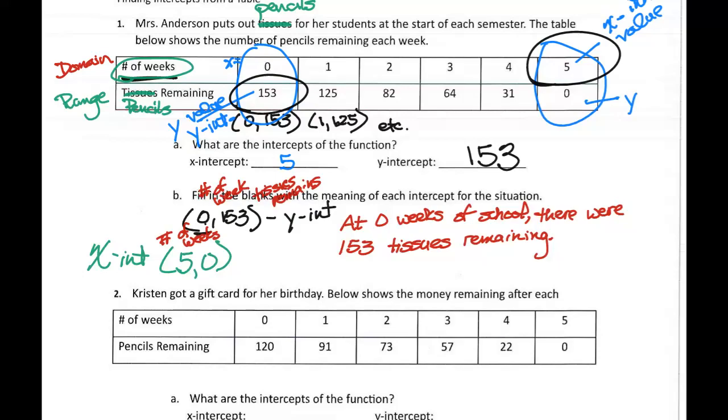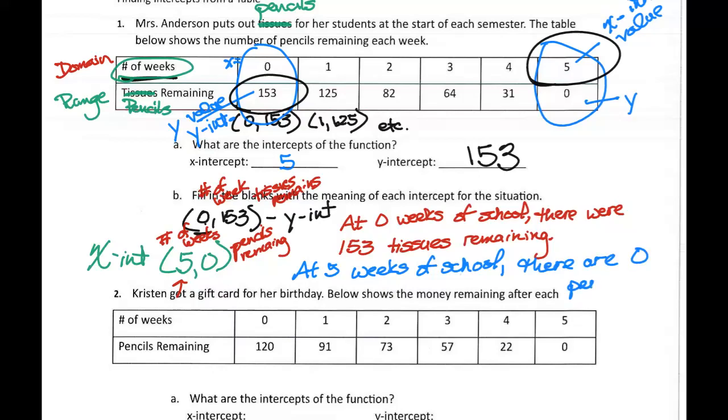So that is, hang on, pencils remaining. So what does that mean as you look at it? That would be at 5 weeks of school, or after 5 weeks of school, comma, there are 0 pencils left.